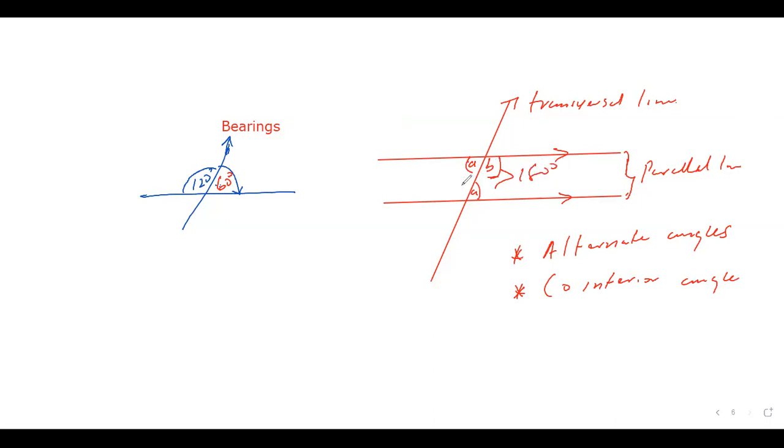And here is going to be B, so when you add up these two, you should also get 180. So what am I saying here? Angles between two parallel lines, we call them co-interior angles. Co-interior angles add up to 180 degrees. Any question?